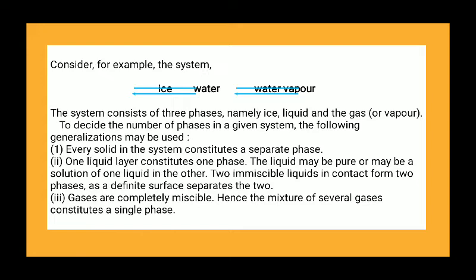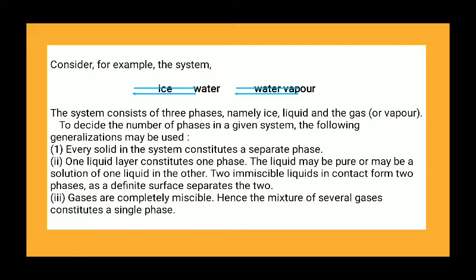To decide the number of phases in a given system, the following generalization may be used. Every solid in the system contributes a separate phase. One liquid layer constitutes one phase. The liquid may be pure or may be a solution of one liquid in another.